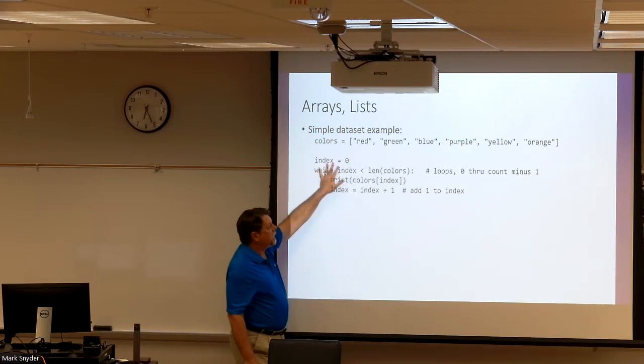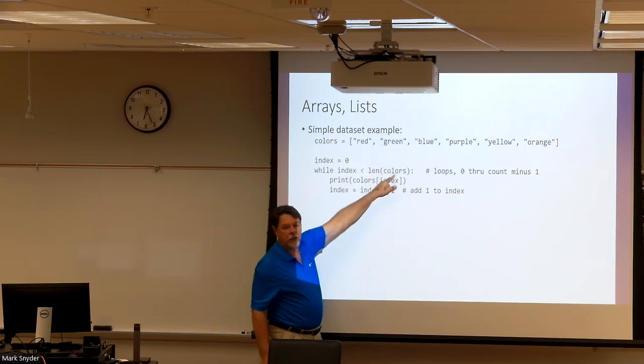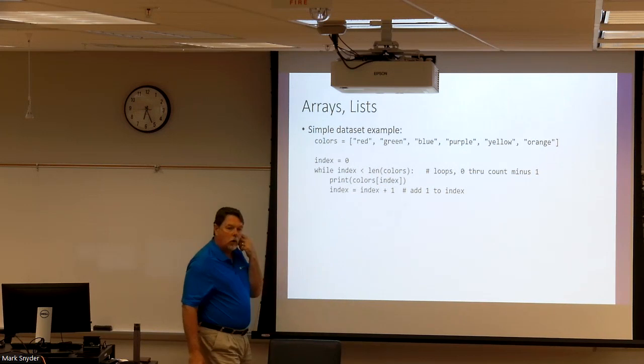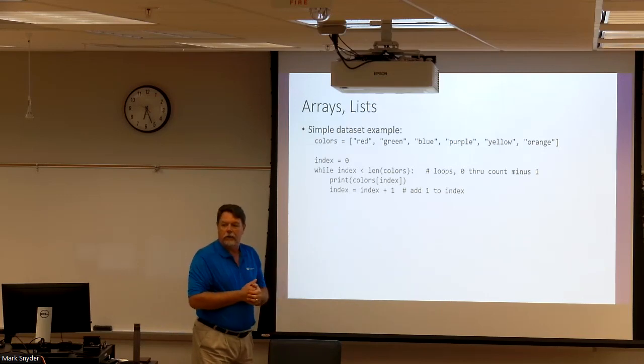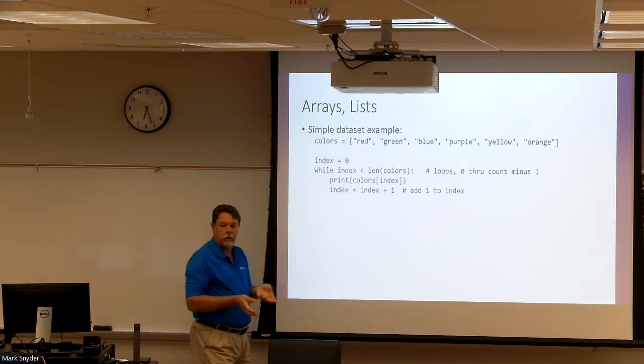The next thing I see in here is this length function. This is a built-in function that is designed to tell me how many elements there are in this list object. All of the list objects that you'll create in Python can be passed to the length function, and it knows what to do with it to count how many elements there are in that list and return it.